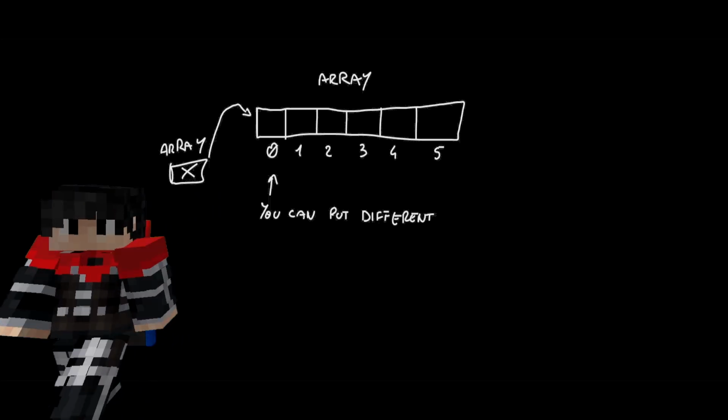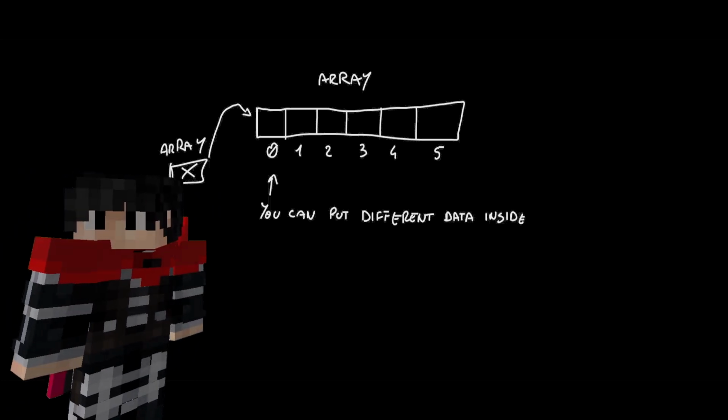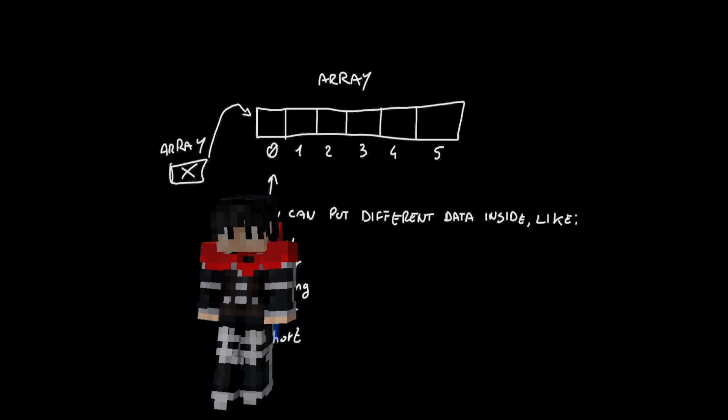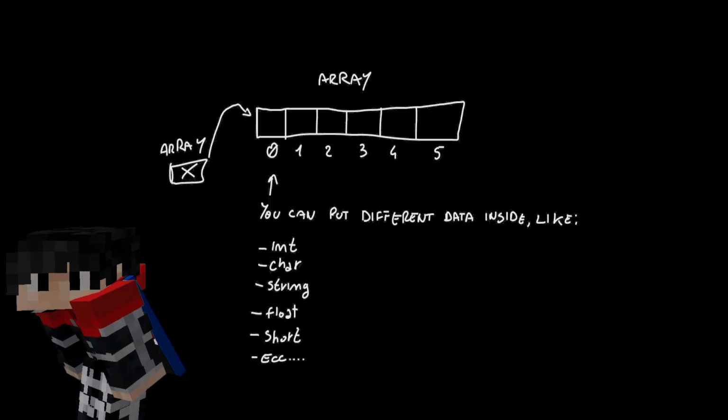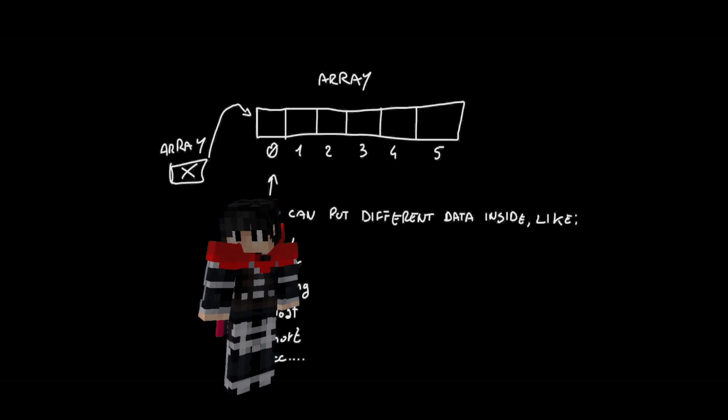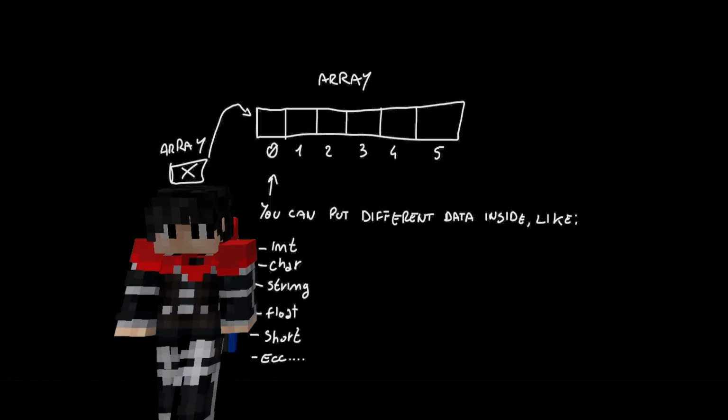This kind of data might be numbers, characters, strings, or even true or false, or other data like, for example, in this case, the tiles of the map. So this is the simple array.